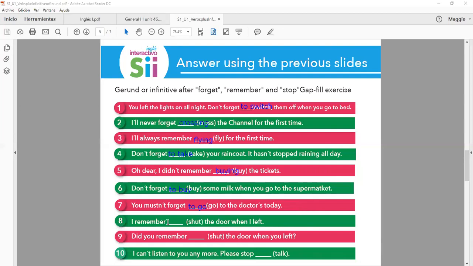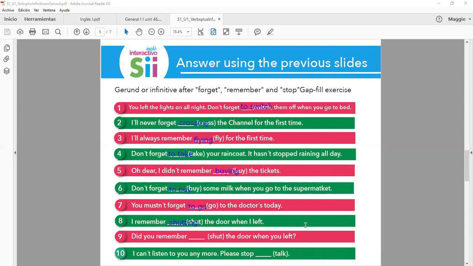Number 8. I remember shut the door when I left. I remember shutting or to shut? Yes, you're right. When I left refers to something in the past. So we say shutting. Gerund.